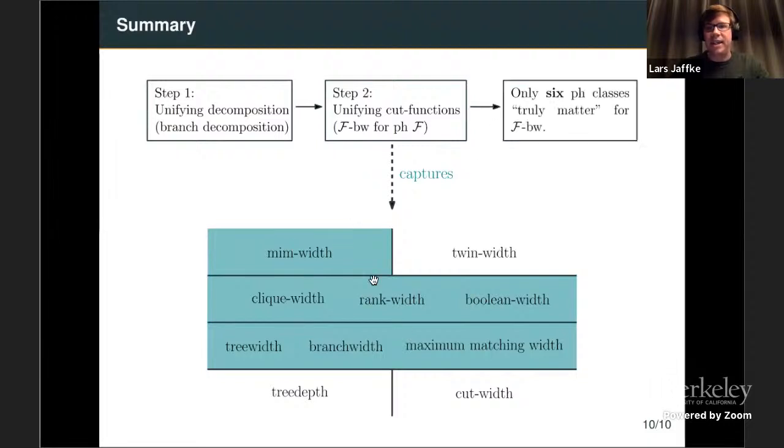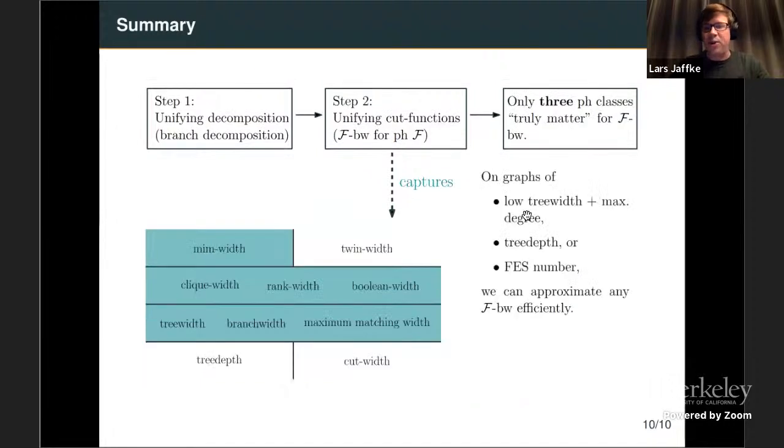And interestingly, there are only 6 graph families that we have to use for this family F to give different width measures. All right, and we also showed that if your graph has low tree width plus max degree, tree depth, or feedback edge set number, then we can approximate any of these width measures efficiently.